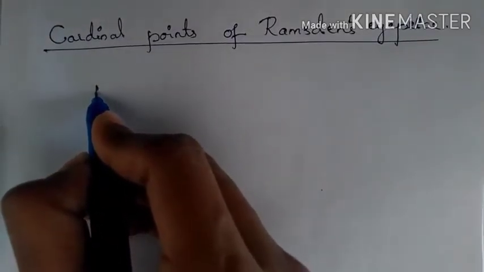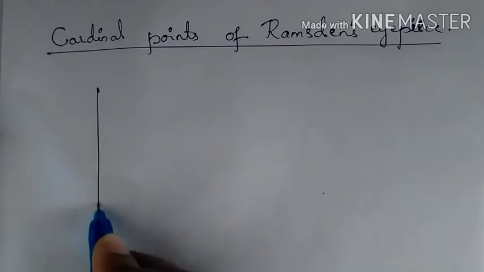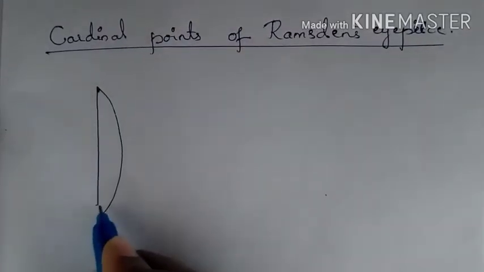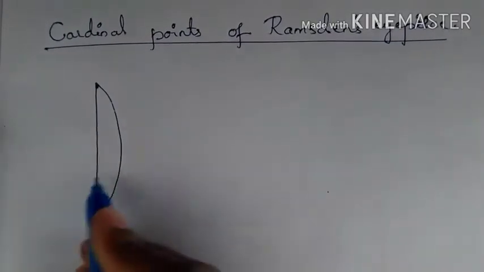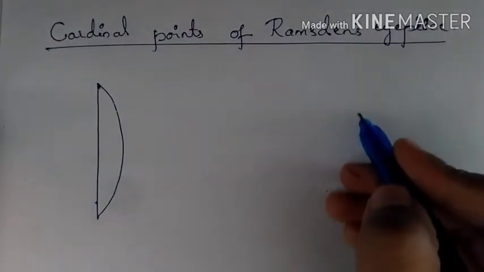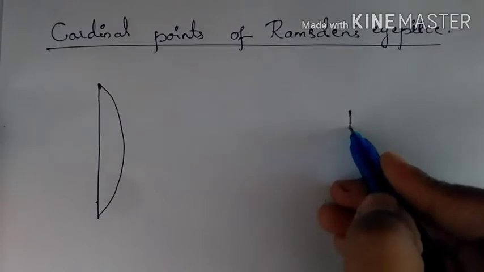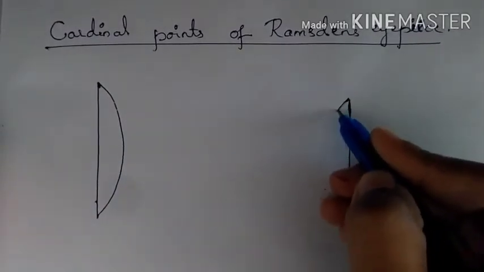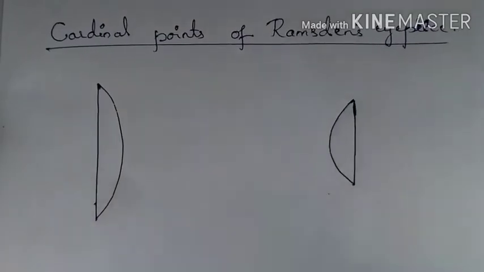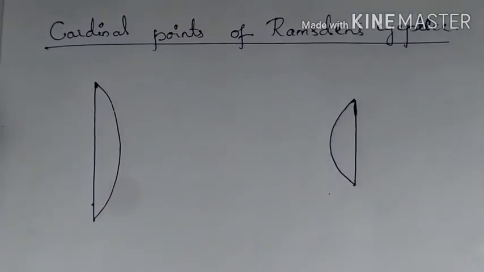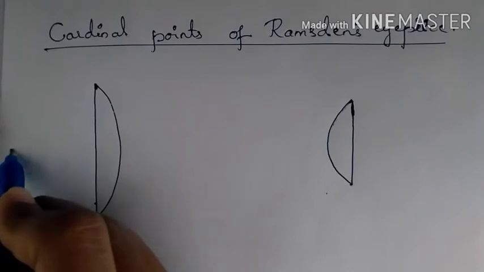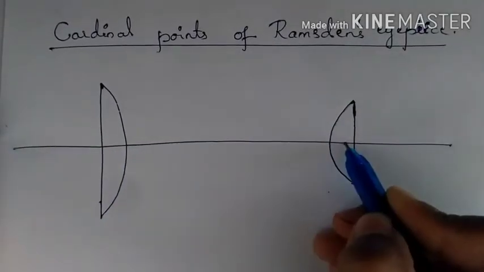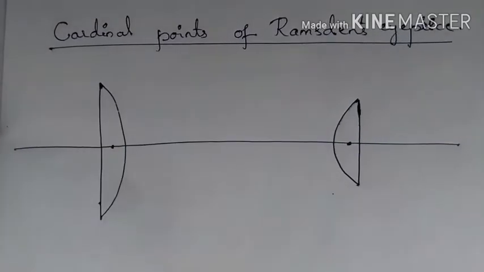You have the field lens, which is a plano-convex lens, and at a finite distance you have the eye lens, which is again a plano-convex lens. There is a principal axis passing through the centers of both lenses.